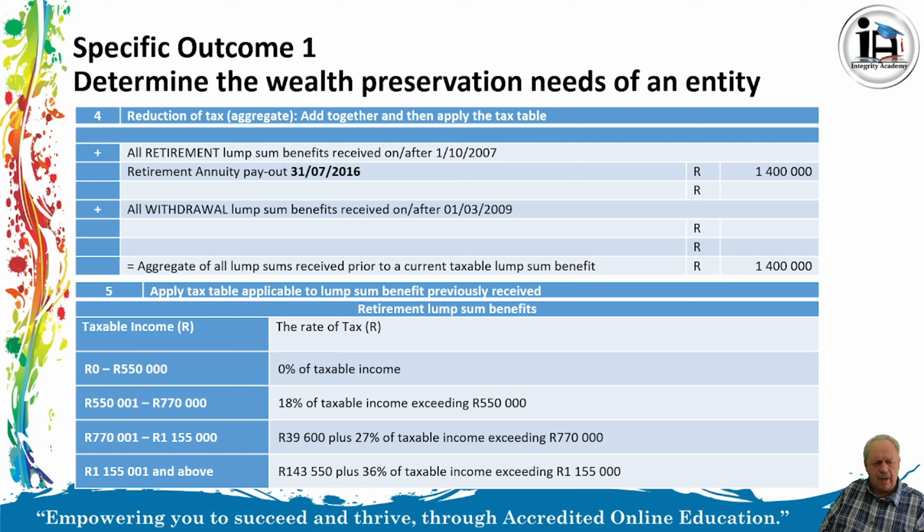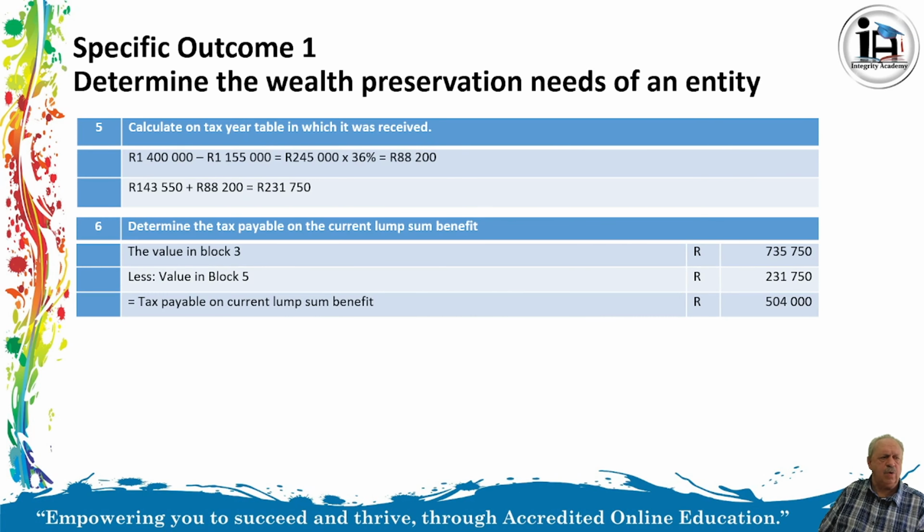So we won't get to a 100% accurate calculation because the tax rates and exemptions were different then. But this gives us an indication of more or less what the tax payable was then. So if we go to the next page, it's 1.4 million minus the top one there, which is 1.155 million. That leaves us with 245,000. That is multiplied at 36%. The rate has been 36% all through these years since they started with this.